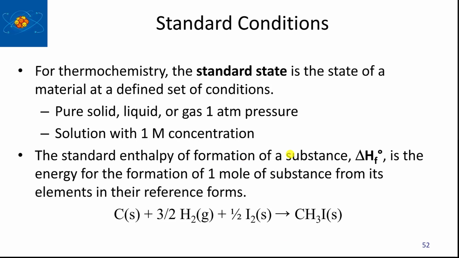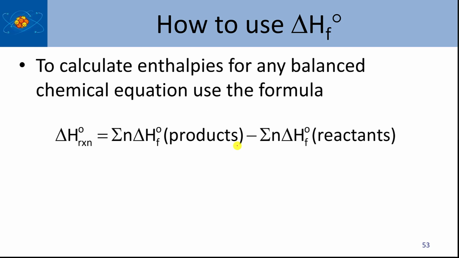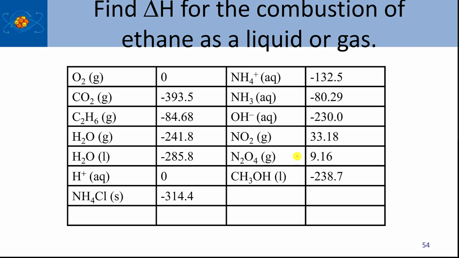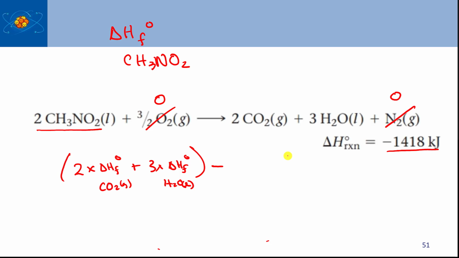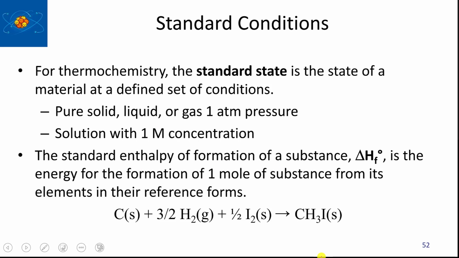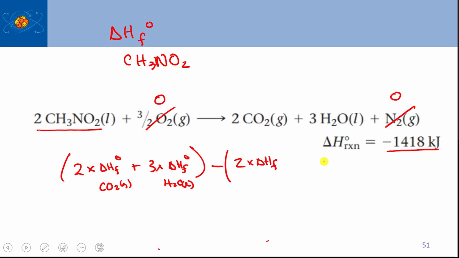So it's going to be, oops, sorry. Sorry, got all these slides mixed up here. It's going to be 2 times, right, the delta H of formation. Gosh, I don't know why my screen's doing this. Every time I touch it, it just jumps a bunch of slides. Of CH3NO2, like this, okay?